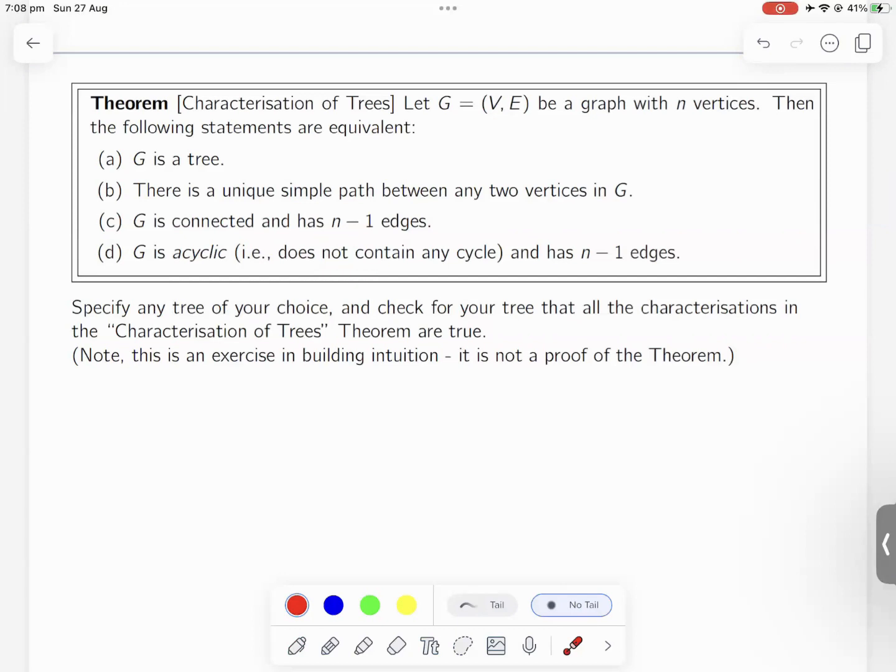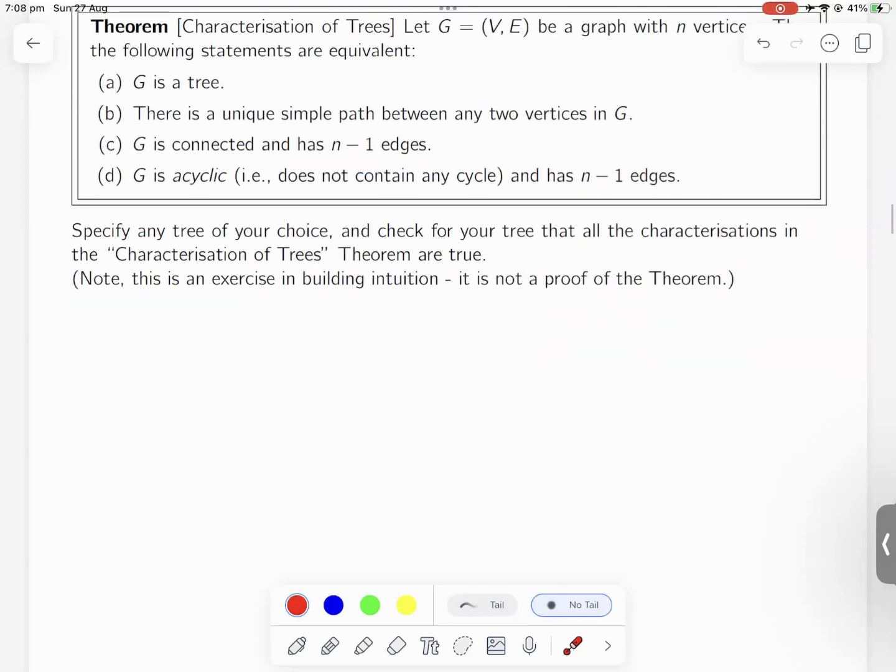All right. So specify any tree of your choice and check that the characterization is okay. So this guy, we see that A, B, C, and it has three vertices, two edges.